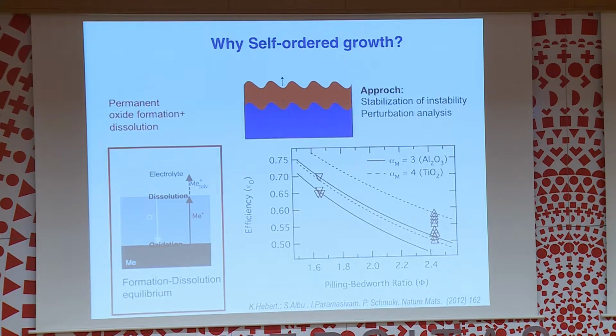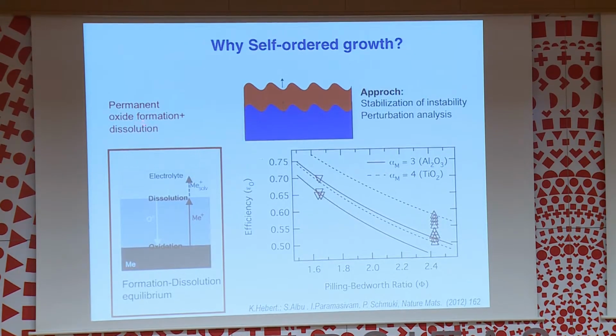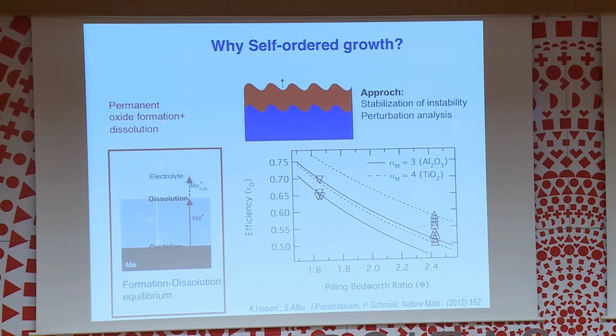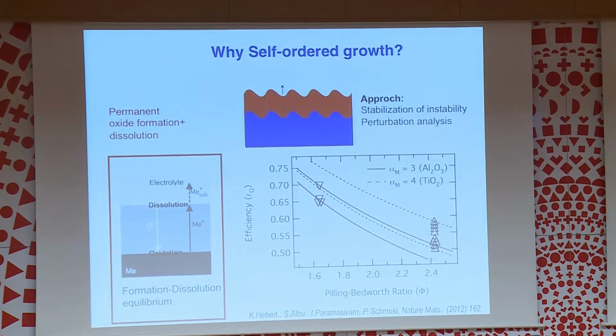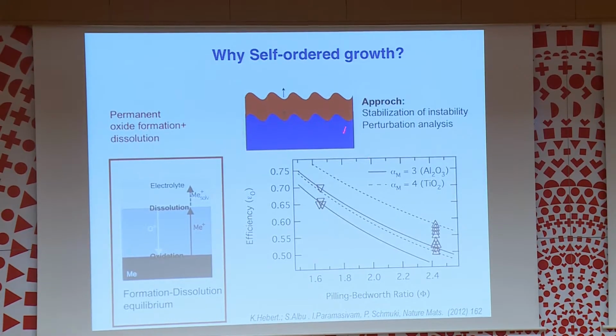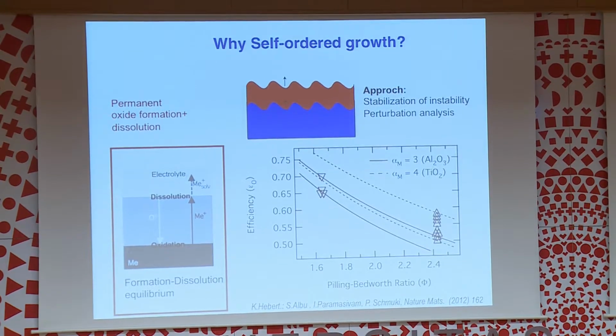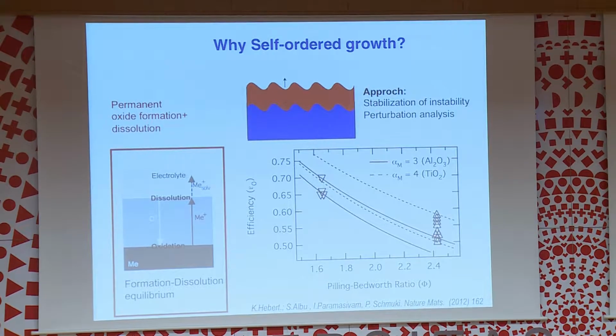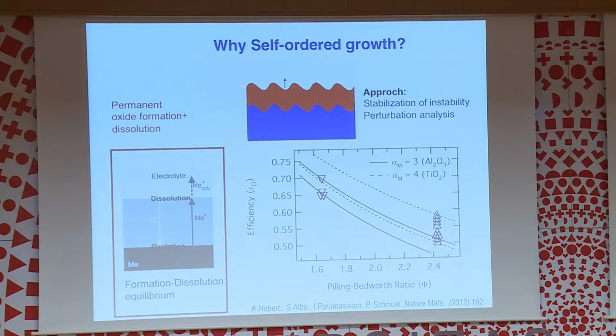Now, a little bit more quantitatively, one can model this. We did this in this work together with Kurt Hebert. If you have this formation-dissolution equilibrium, then originally the question was, how can such a perturbed interface be stable? Why is it possible to have this corrugated interface?